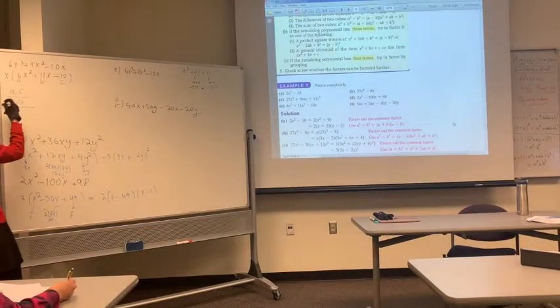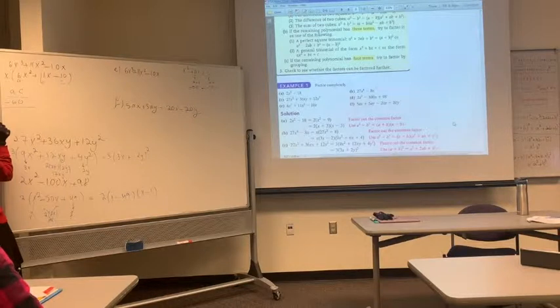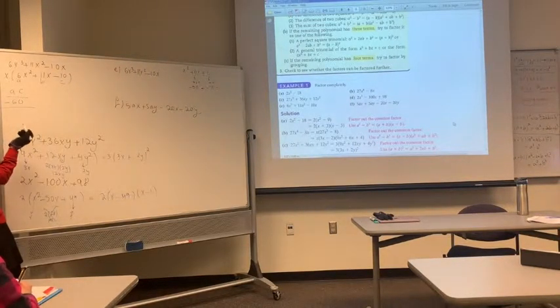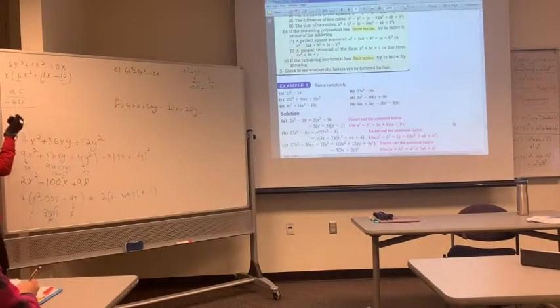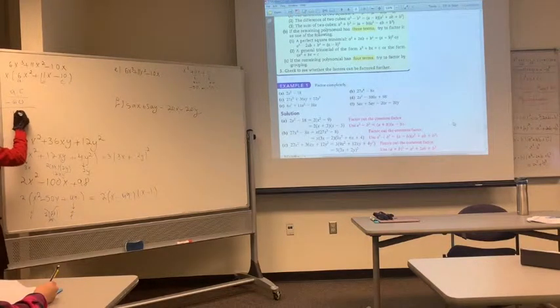Break this into two numbers. 30 multiplied by 2 gives us 60, right? But adding or subtracting them doesn't give us 11, right? 15 multiplied by 4 is 60, correct?